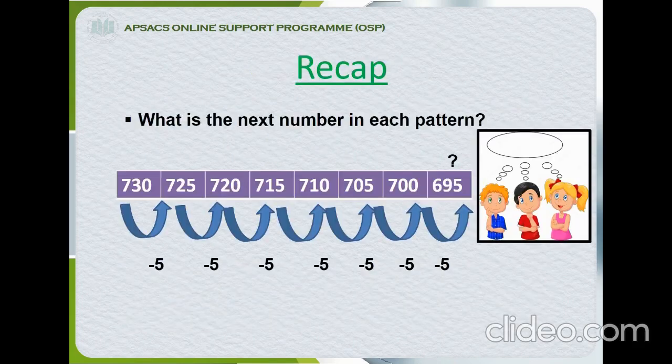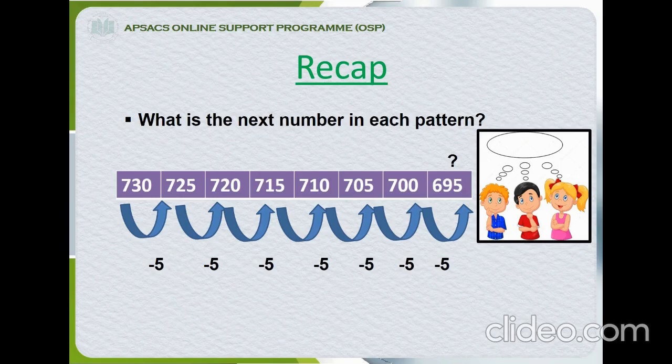Students, as you already did this topic in your previous class, let's do a quick recap of number patterns. Here is a number pattern and you have to find the next number. The numbers are 730, 725, 720, 715, 710, 705, 700.